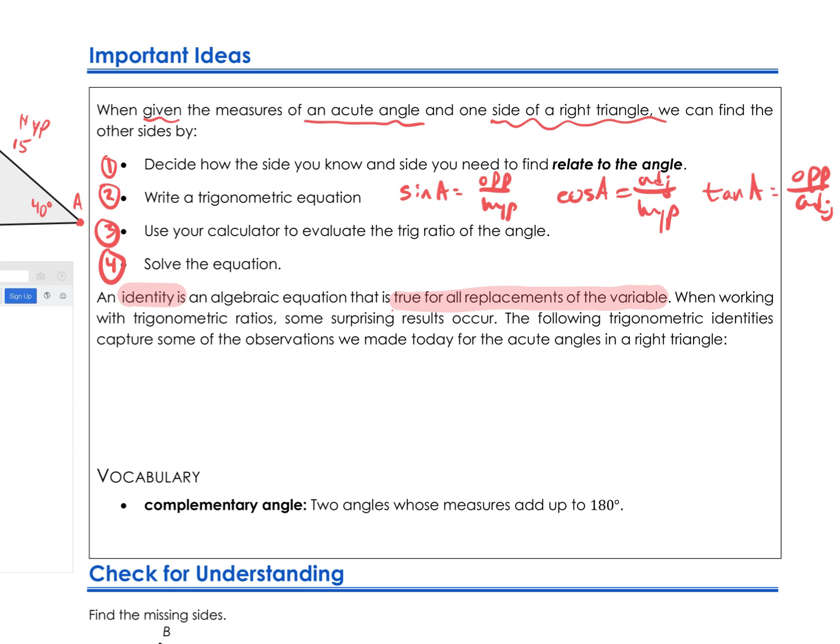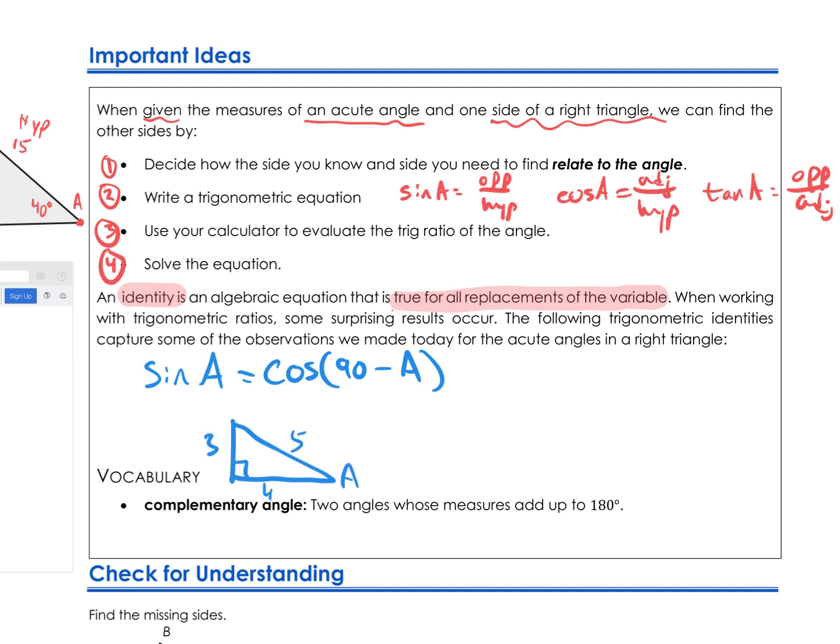So we've seen a couple. One we've seen is that the sine of an angle is equal to the cosine of 90 minus that angle, okay? So in other words, if we look at our triangle here, there's 3, 4, 5, okay?